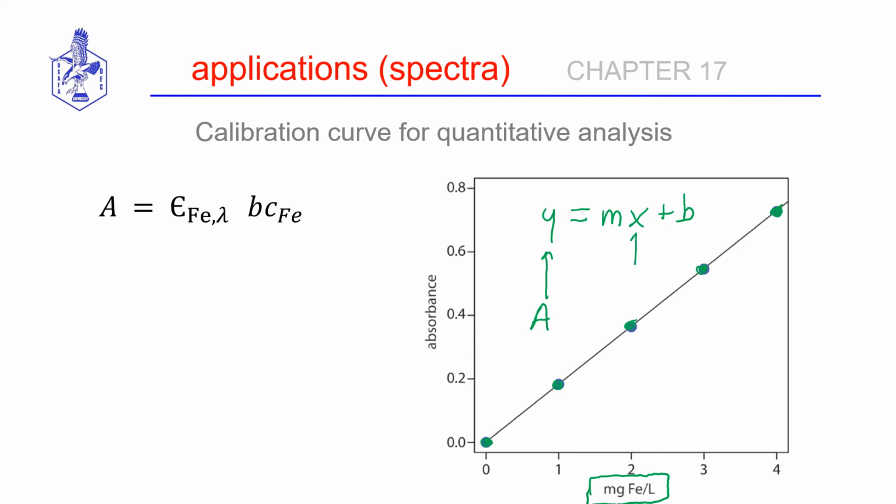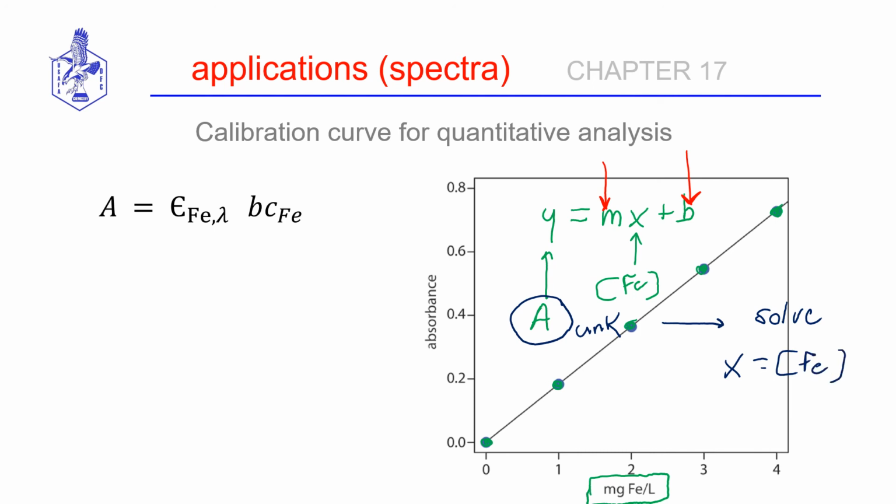X is your concentration of iron in this case. And b is simply your y-intercept. And so if we know the slope and the y-intercept, I can measure the absorbance for any unknown solution and solve for x, which is the concentration of iron in any unknown solution.